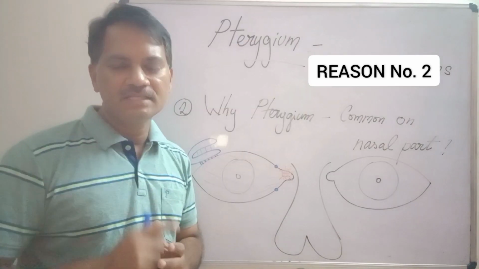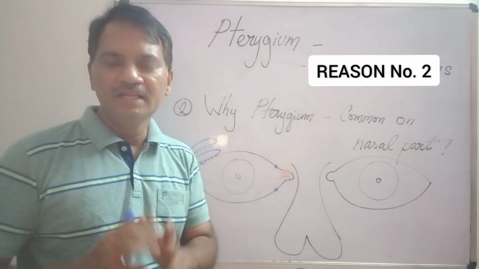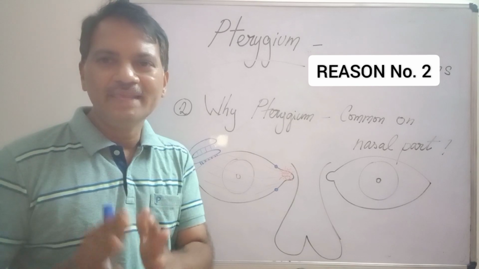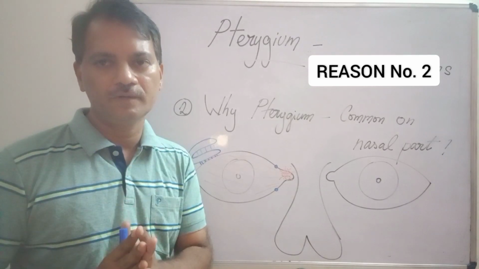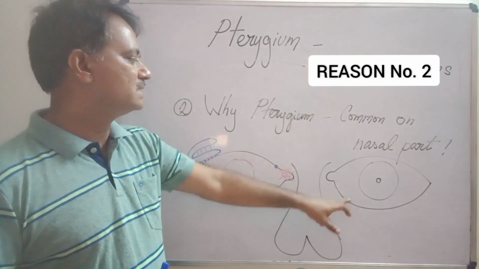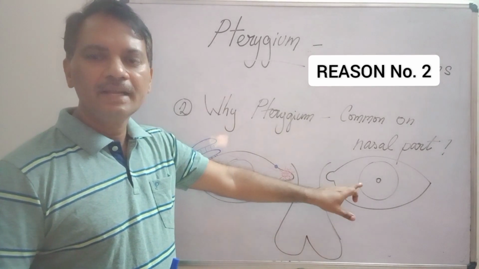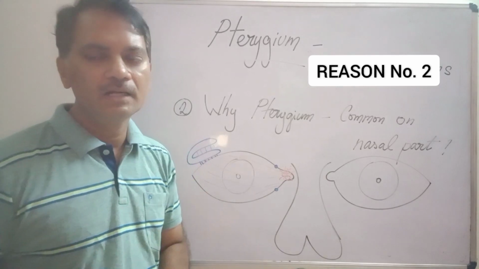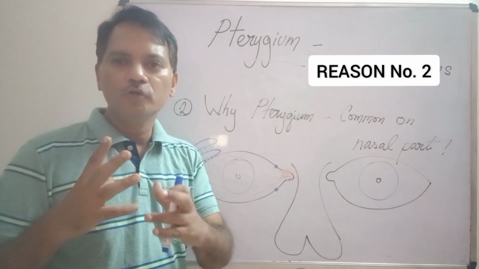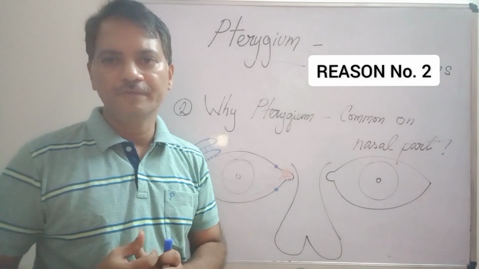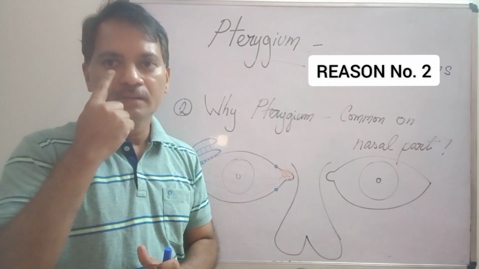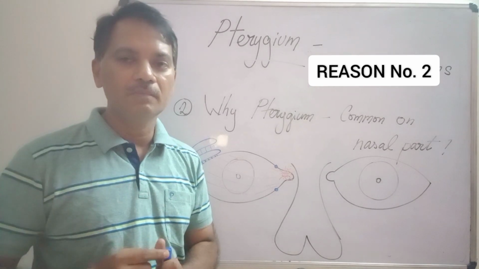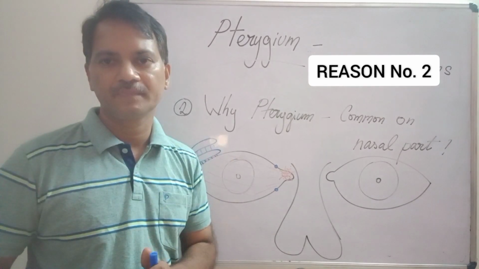The second reason for the pterygium to be common on the nasal side is the excessive amount of ultraviolet rays received by the nasal part of the bulbar conjunctiva. How does it happen? The ultraviolet rays are going to fall everywhere on our face. It is going to fall both on the nasal bulbar conjunctiva as well as the temporal bulbar conjunctiva equally.